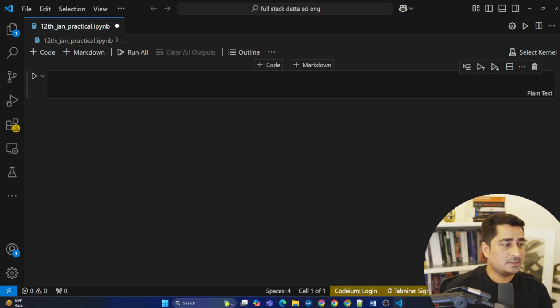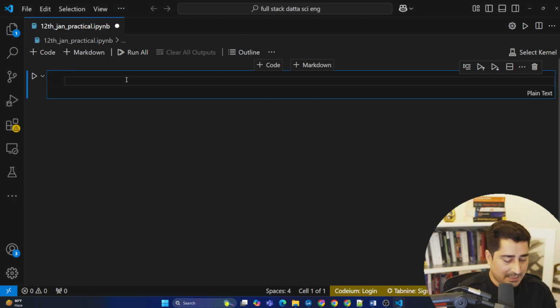Now, to do this practical, you have to import a couple of libraries. The very first library, and I believe you all are aware of this library, is numpy. So you have to import numpy as np. This is the first library that you need.